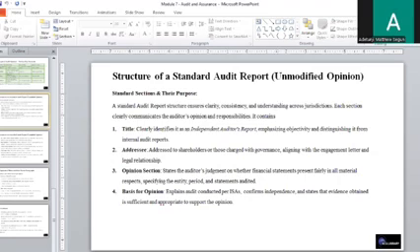Another aspect of the structure for a standard audit report is the basis for opinion, and it explains that the audit was conducted in accordance with ISAs, confirms independence, and states that evidence obtained is sufficient and appropriate to support the opinion.